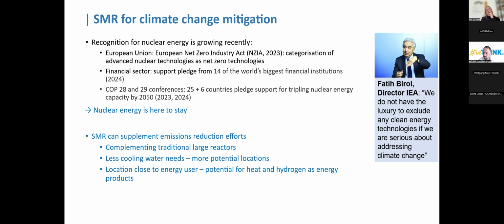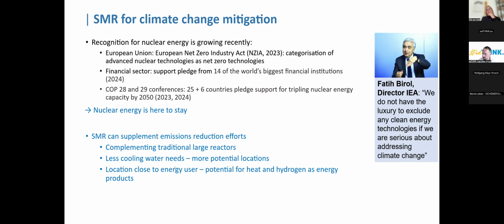They supported a pledge from 14 of the world's biggest financial institutions last year. And then there are the climate change conferences, the famous COP conferences, 28 and 29. There was a group of 25 plus 6 countries. They pledged support for tripling nuclear energy capacity by 2050. So nuclear energy, it can be said, is here to stay.